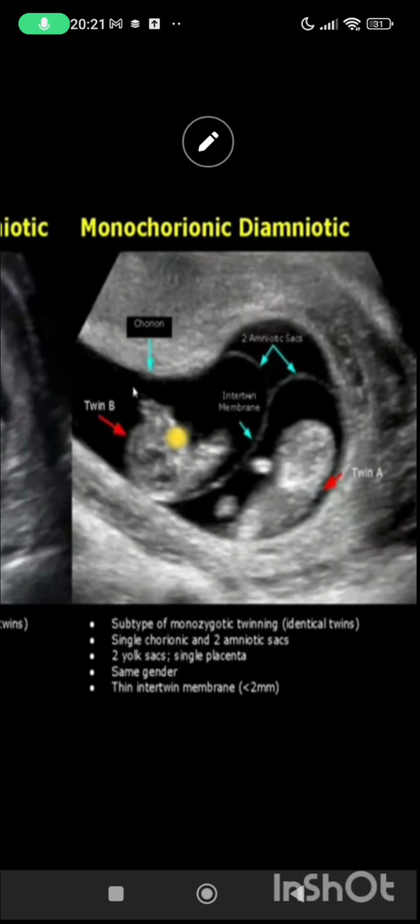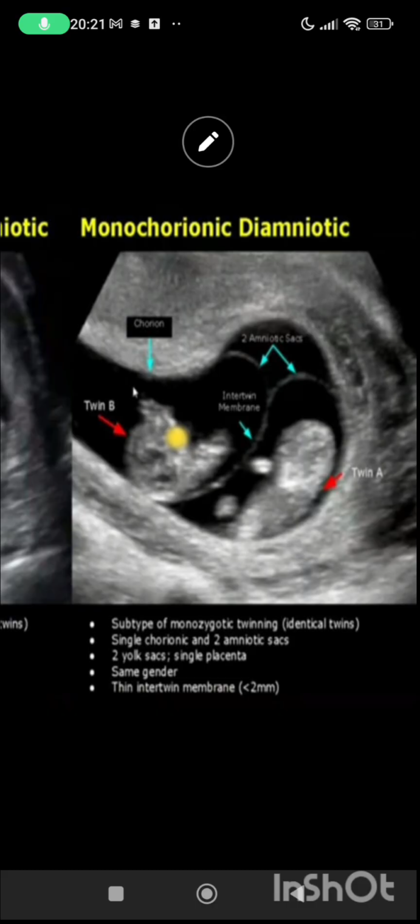Okay, here we can see monochorionic and diamniotic twin gestation. So how is it different from monochorionic and monoamniotic? Two amniotic sacs, one placenta. Okay, how many gestational sacs are there?